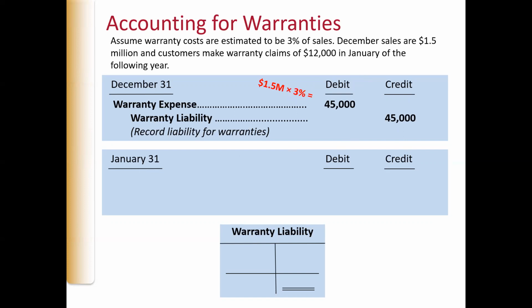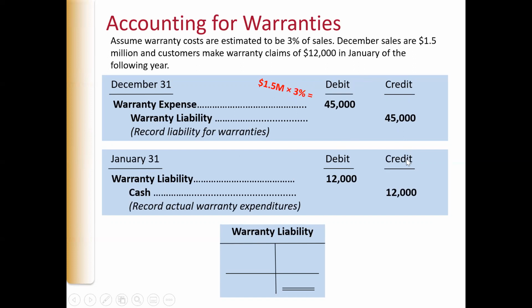Then when we actually have claims, that's when we debit our liability and we credit our cash. Okay, so we debit the warranty liability when we actually have a claim, and we credit the cash.